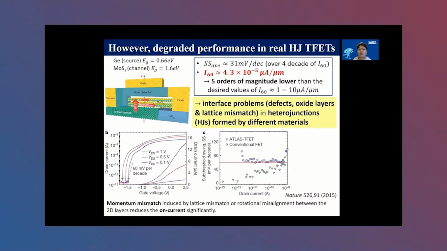Besides the oxide layer, defects and lattice mismatch are known to cause this interface resistance, which decreases the on current. How can we solve this interface problem? That's the starting motivation of our research.